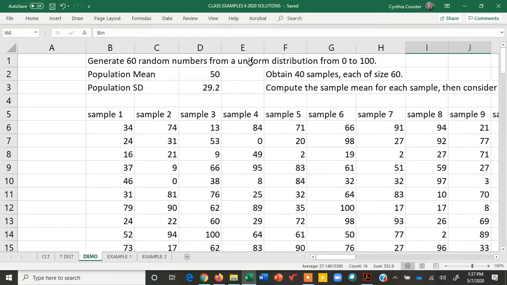So we know then if I have a uniform distribution whose values range from 0 to 100, the mean, which is exactly in the middle, must be 50. So here we have a population with mean equal to 50, and then the standard deviation of this uniform distribution is 29.2. I actually drew up the probability distribution for this discrete distribution because I'm working with discrete data, 0 to 100.